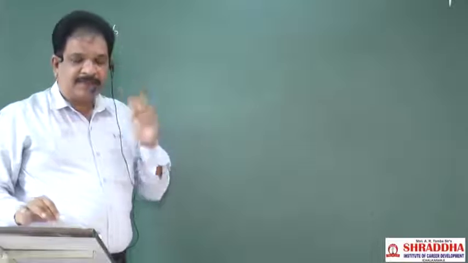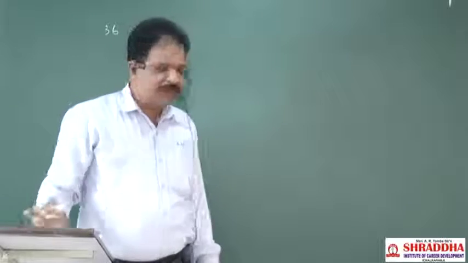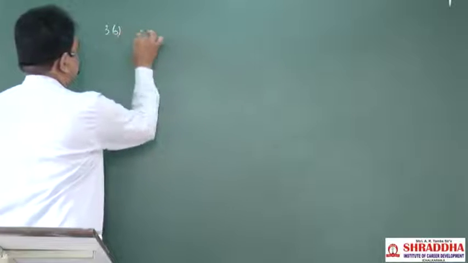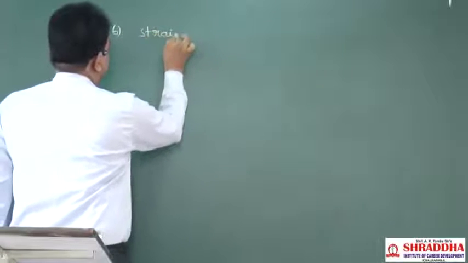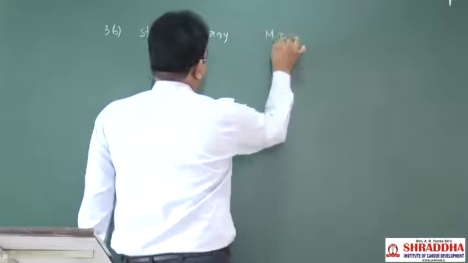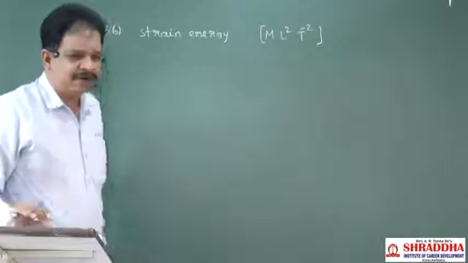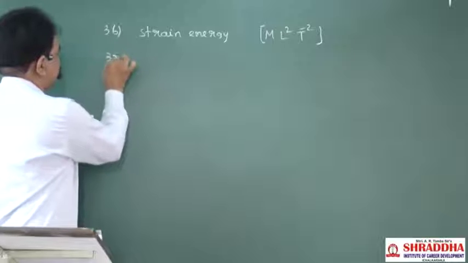Strain energy we completed: M L square T power minus 2. 36 is strain energy. Energy dimensional formula is what? Strain energy dimensional formula will also be the same.